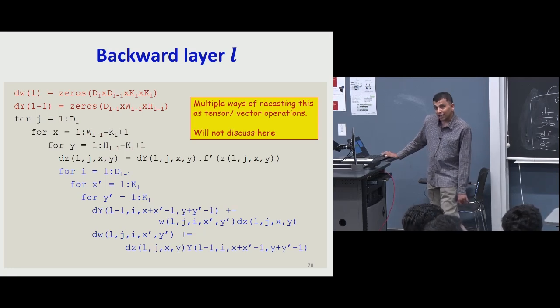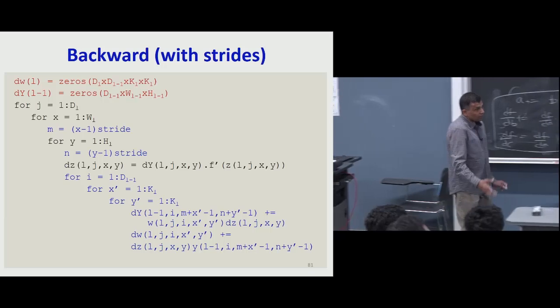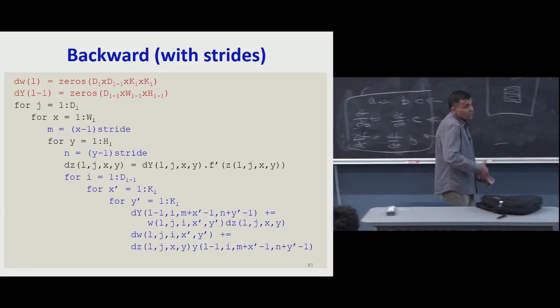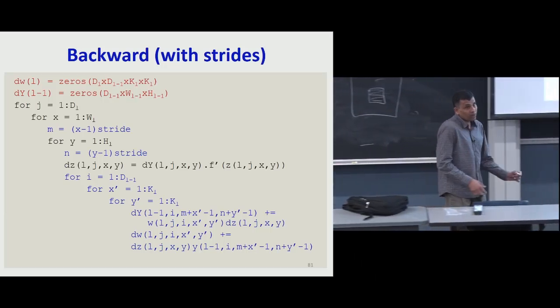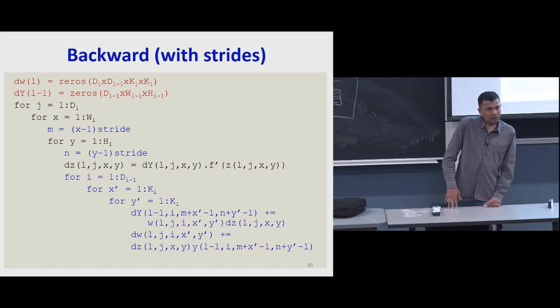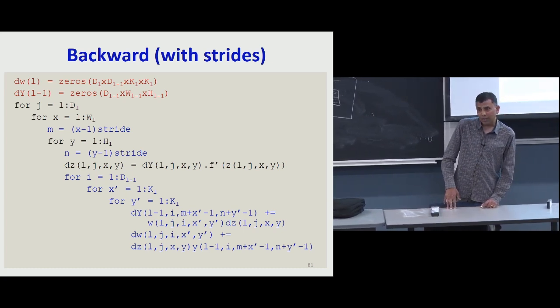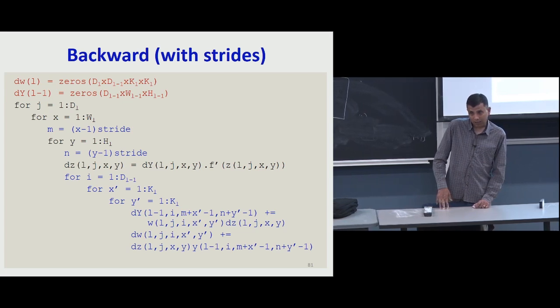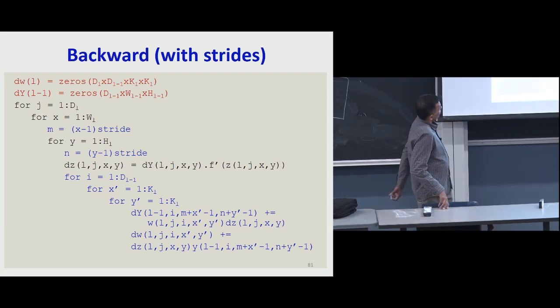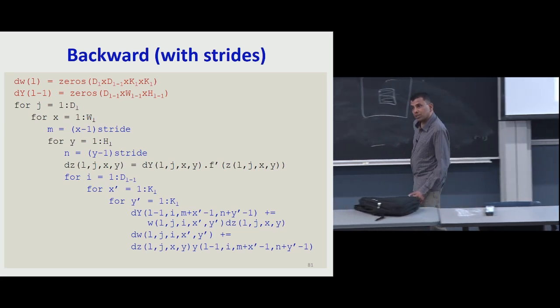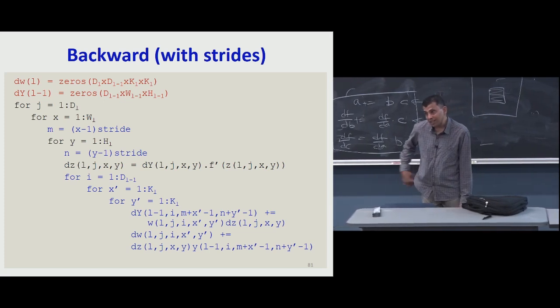And now here is the magic. I can do the same thing. All the math that I explained, if I changed my strides, you had to go back and worry about what happened. It turns out that if I'm looking at it from the perspective of code, I don't have to worry about it. Here is the forward code. If I want to do this with strides, just remember what we did in your forward code with strides.